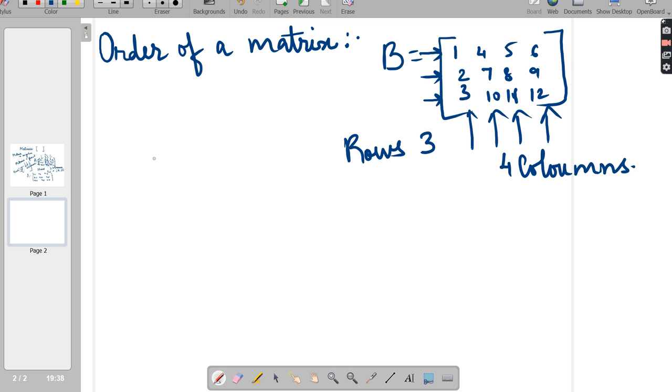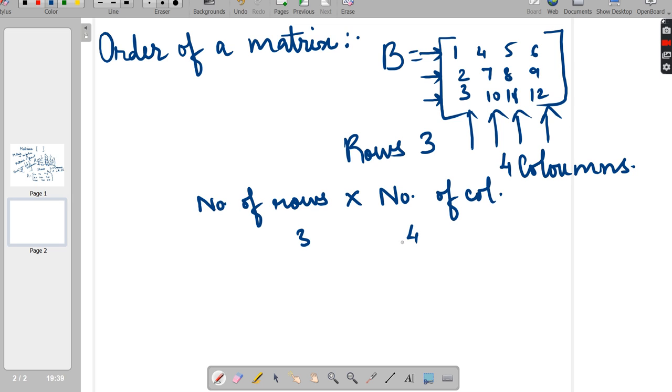So the order of a matrix will be the number of rows by the number of columns. So here it is 3 and columns are 4. So you will say that the above given matrix is of the order 3 by 4.